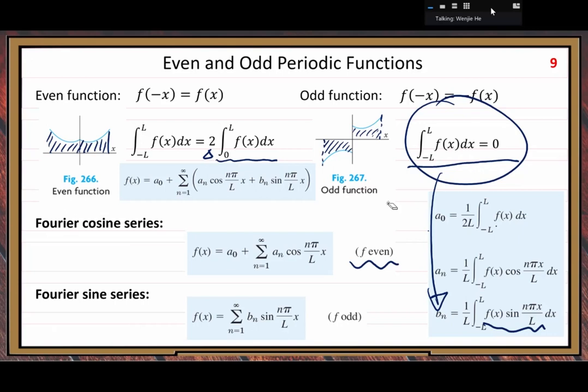At that point, it is also convergent. This function is also convergent, but it converges to the average of the left limit and the right limit of that function. Left limit and the right limit.